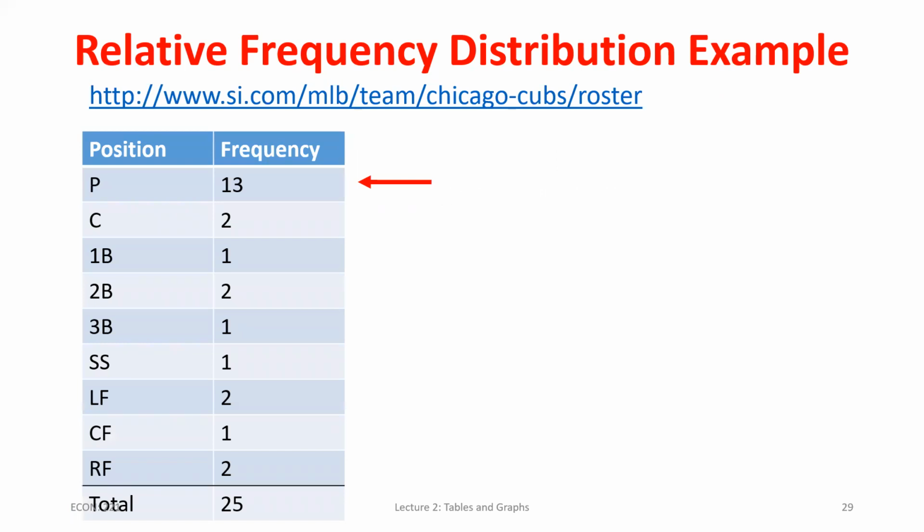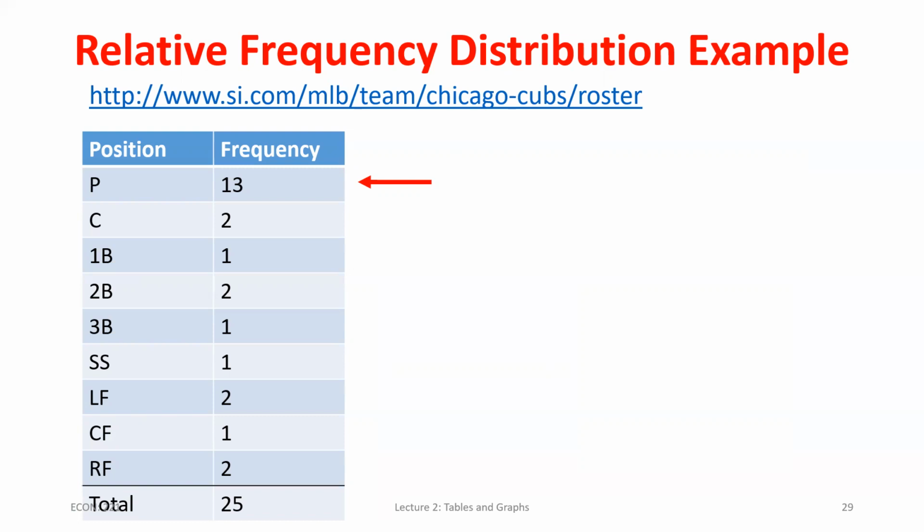Fairly easy. If I go back to that Cubs roster data, I pulled the full rosters. There's 25 individuals. I can go through every single position and count the frequency. So there's 13 pitchers, 2 catchers, 1 shortstop, and so on. To turn these into relative frequencies, all I have to do is what? My other example, I said there's 3 people with A's in a class of 10.